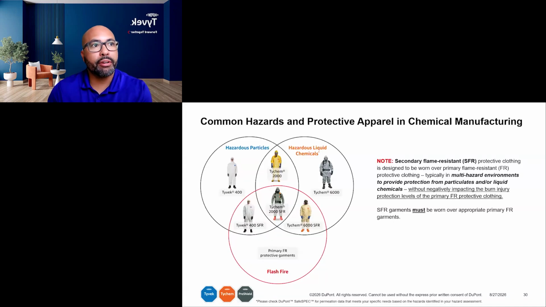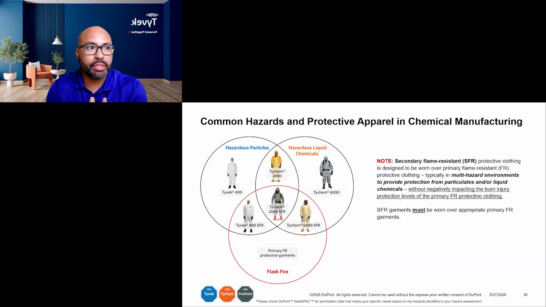Now, this Venn diagram connects common chemical manufacturing hazards with DuPont protective apparel options, and also shows that workers at your site can be exposed to multiple hazards. Now, if your site has hazardous particles, which is shown on my screen in the upper left-hand side, consider Tyvek 400, Tychem 2000. However, if there is a potential flash fire exposure, select our Tyvek 400 SFR or our Tychem 2000 SFR.